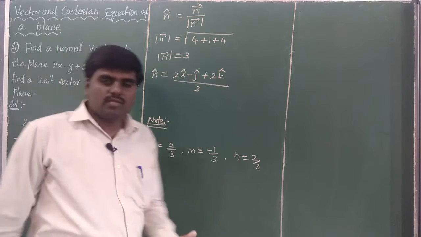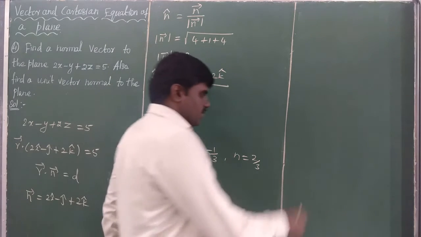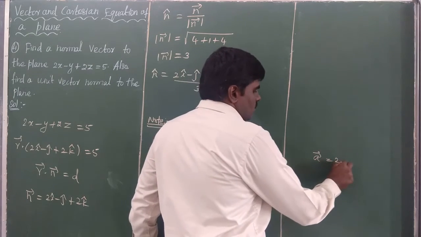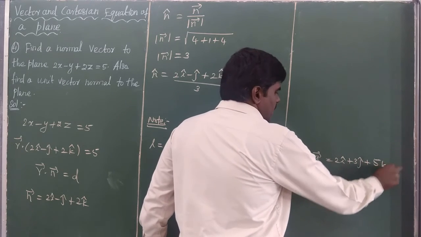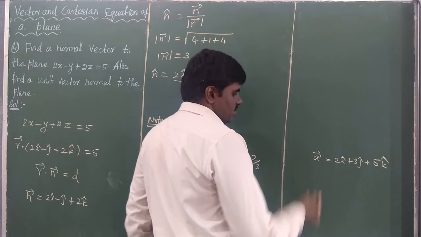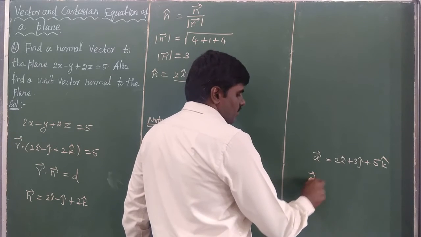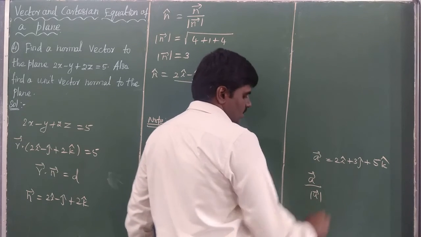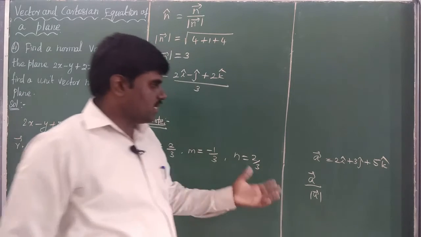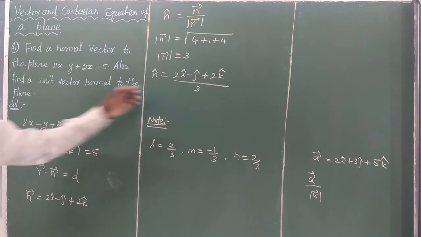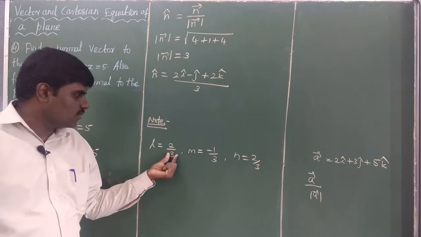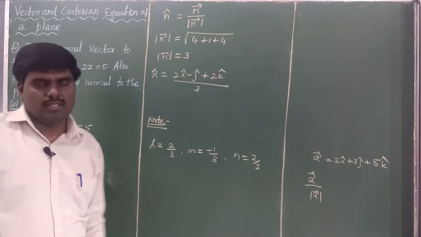For any vector, say 2i cap plus 3j cap plus 5k cap, the vector divided by its magnitude gives the direction cosines. In the same way, the individual values of the unit normal vector are the direction cosines.